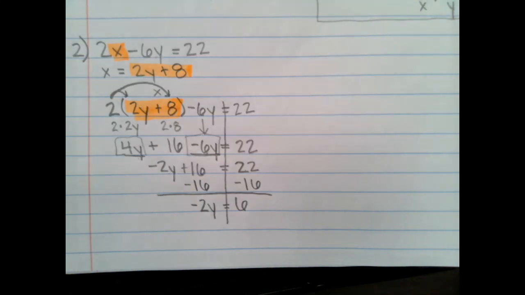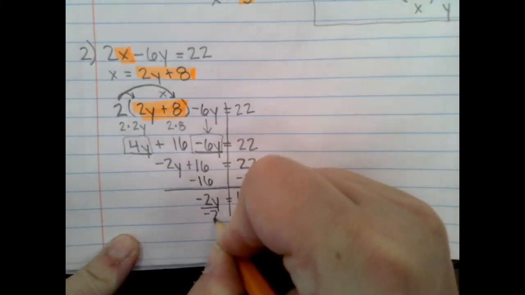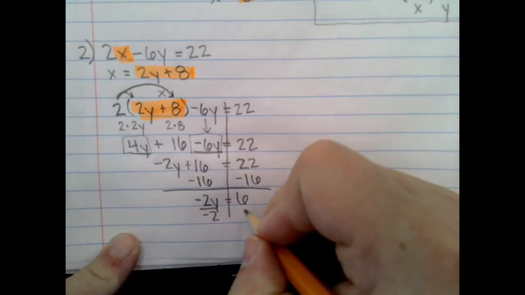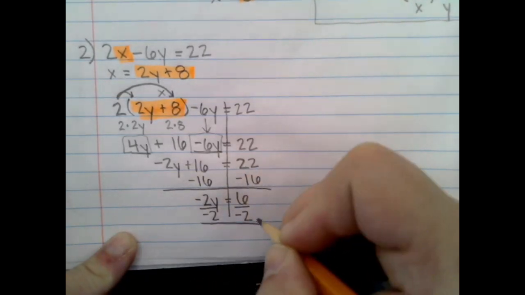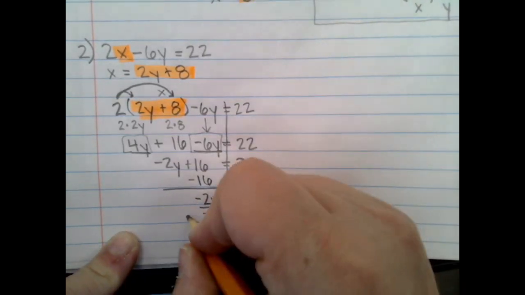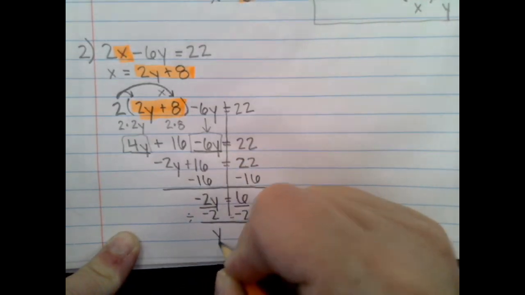All right, and then how do I undo a multiplying by negative 2? Divide by negative 2. Good. If we do it to one side, do it to the other. And today when you divide in Schoology, you'll see that little division symbol next to it. Either way. So what is 6 divided by negative 2?